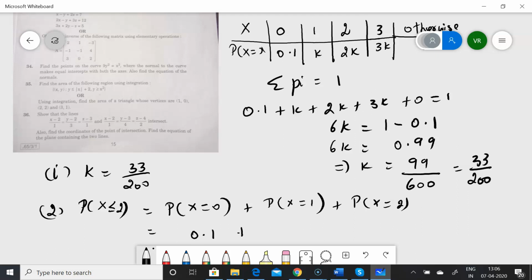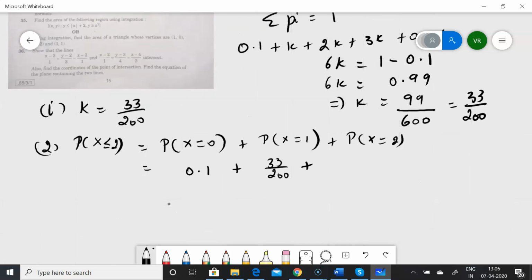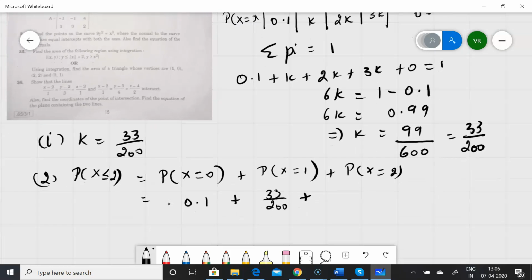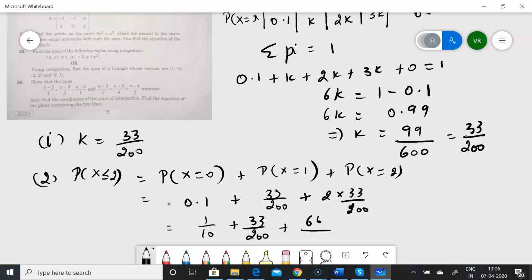0.1 plus k, which is 33 by 200, plus, when x is equal to 2, it is 2k, that is 2 into 33 by 200. So I can write the 0.1 as 1 by 10 plus 33 by 200 plus 66 by 200.